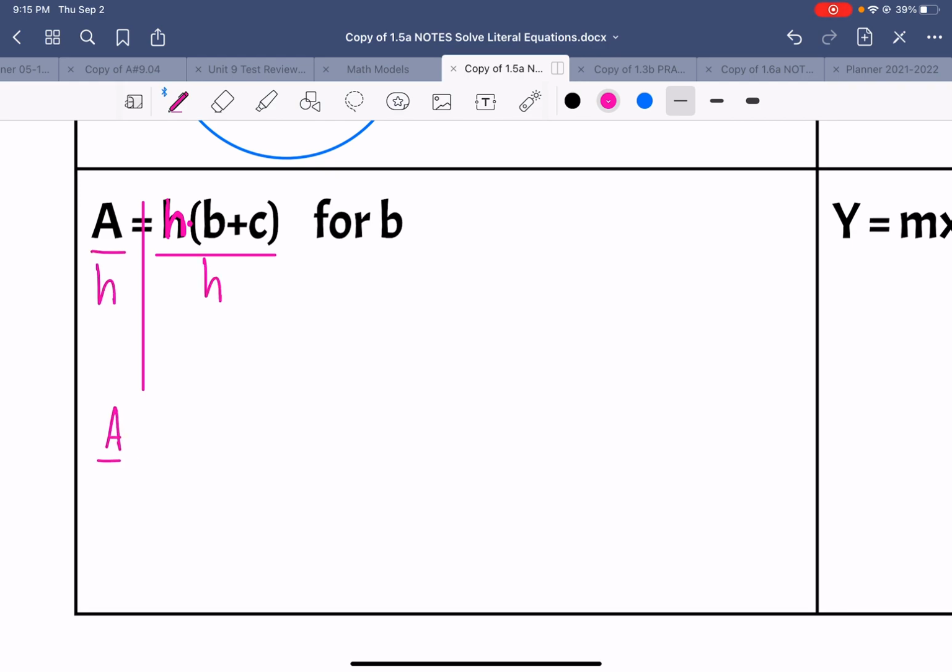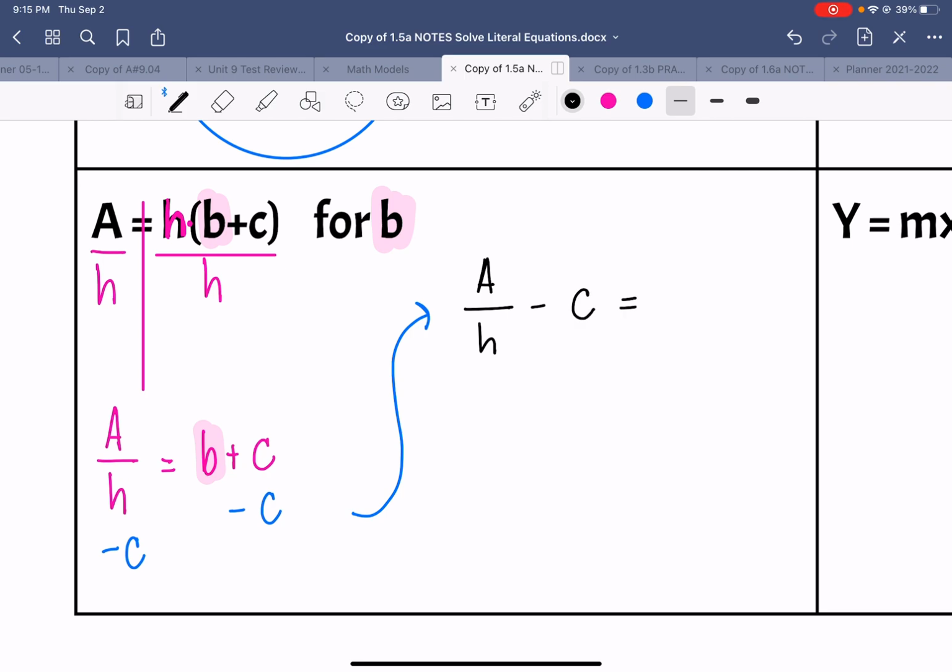So A divided by H equals B plus C. And now how can I solve for B? That's right. I got to subtract off the C. So I have A divided by H minus C equals B.